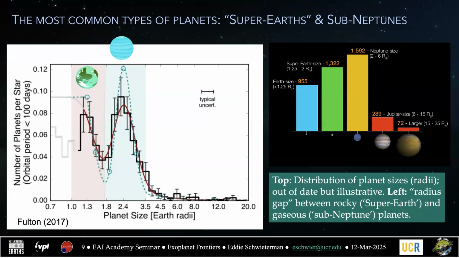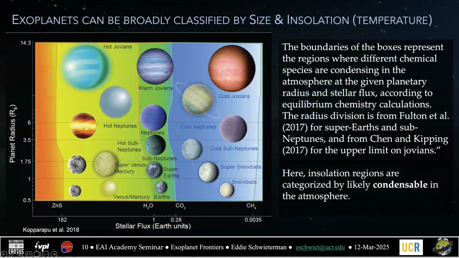And there is a radius gap between them, which we think may reflect atmospheric evolution. For example, some of these planets that have gaseous envelopes may over time lose them and become these smaller rocky planets without hydrogen envelopes.